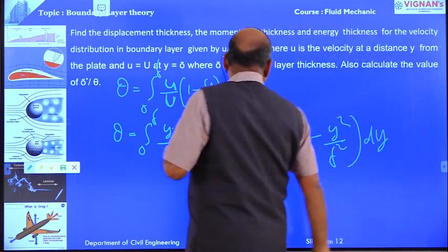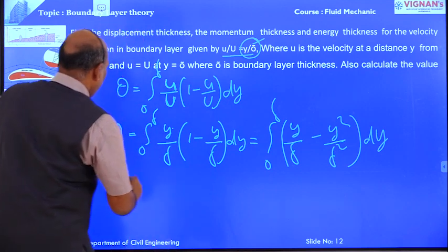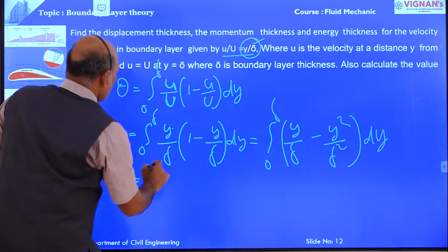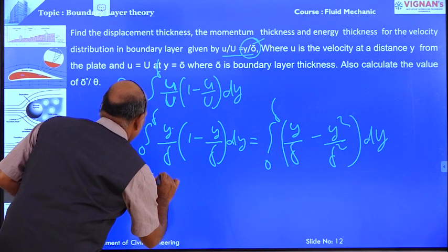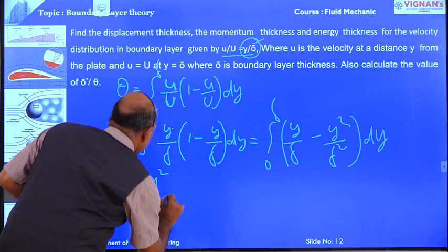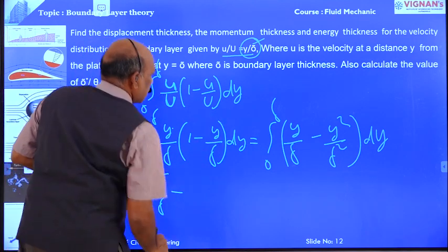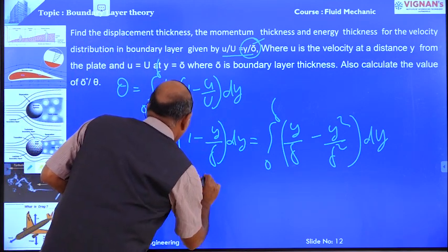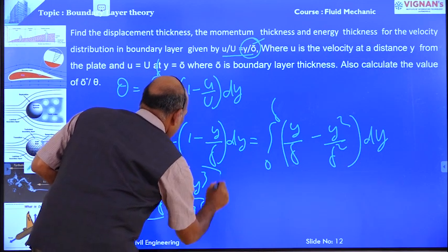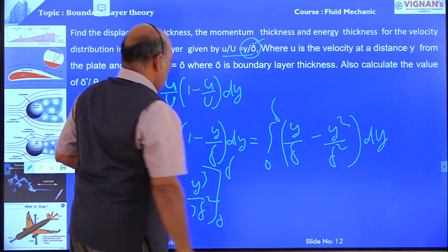Now integrate with respect to y. We have theta equal to y square by 2 delta minus y cube by 3 delta square, and the limits 0 to delta.